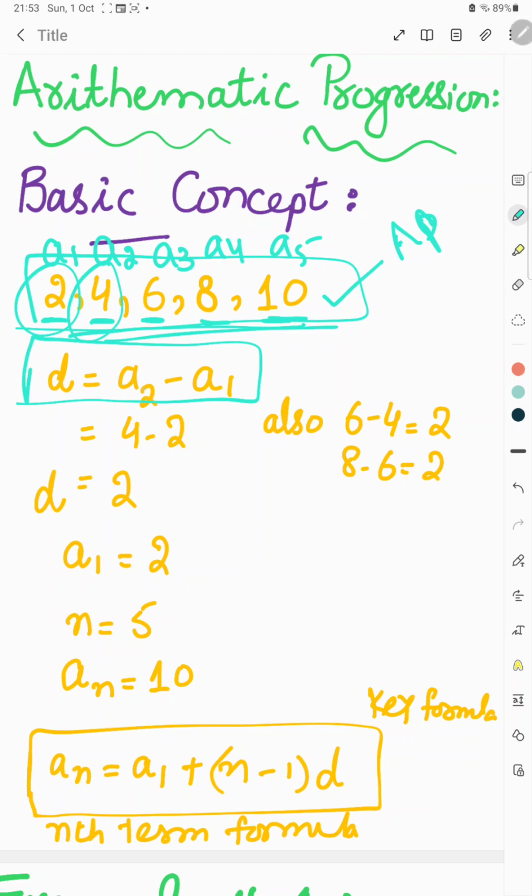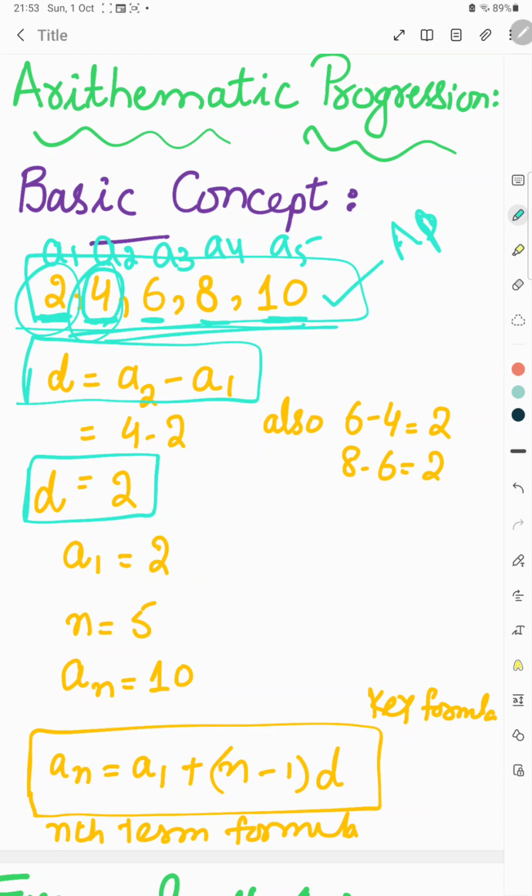So what is the second term here, which is 4? We write A2 equals 4 and minus the first term, A1 is equal to 2. Now when we subtract both numbers, we get 2. So here the difference between the terms is 2.